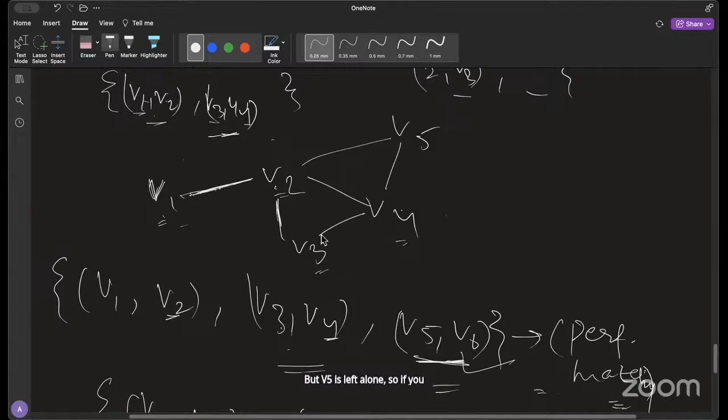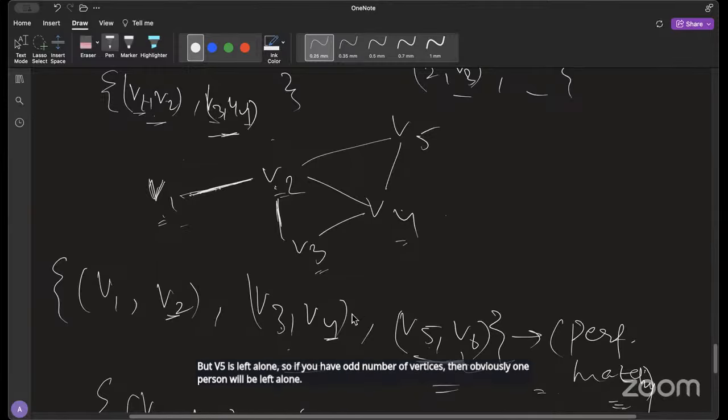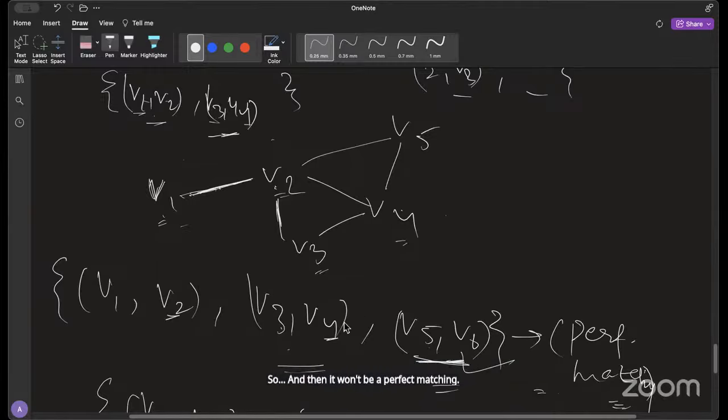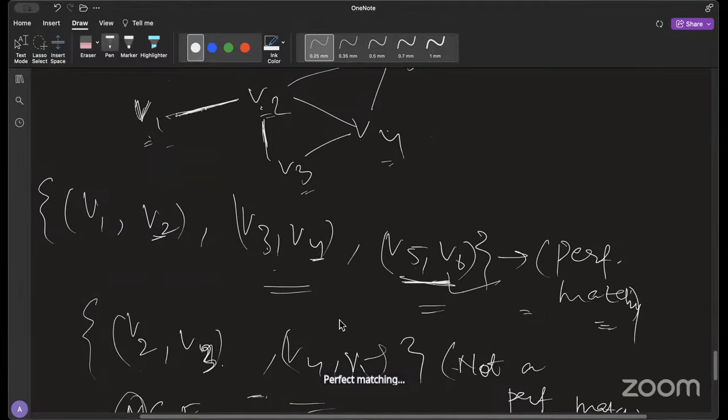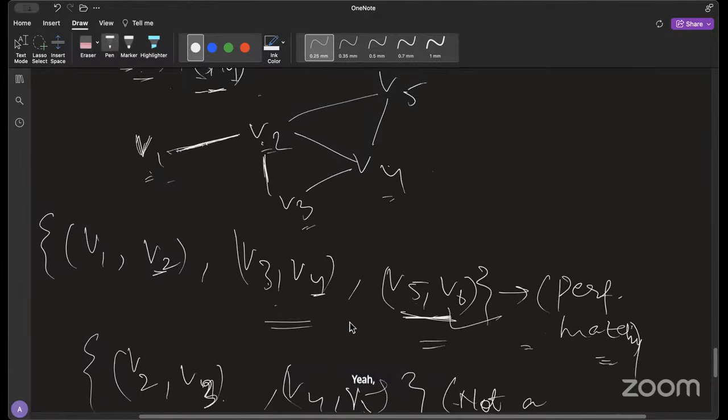So if you have an odd number of vertices, then obviously one person will be left alone, and so it won't be a perfect matching. Perfect matching is not possible, but matching is still possible.